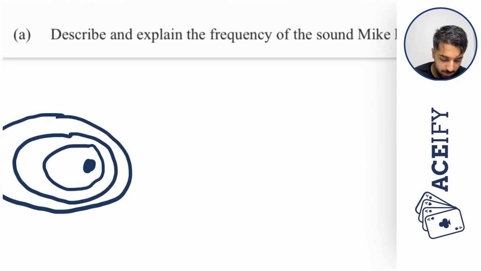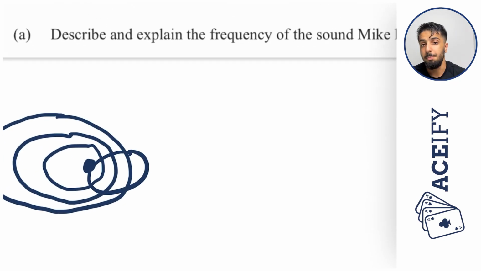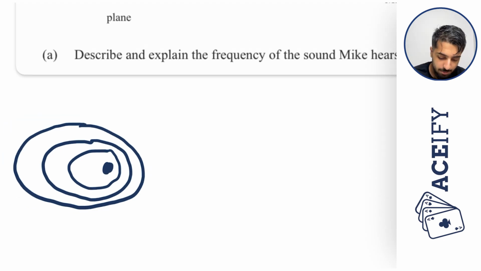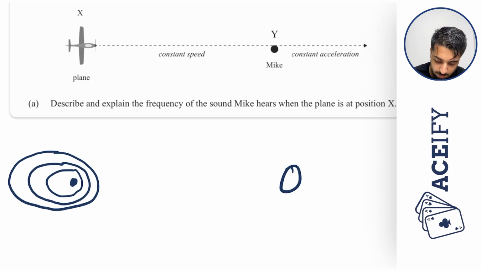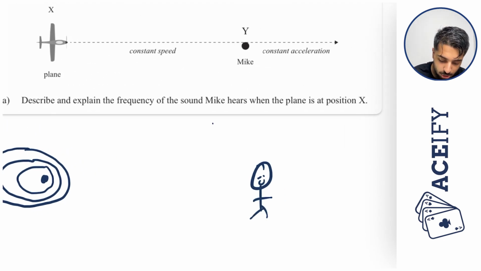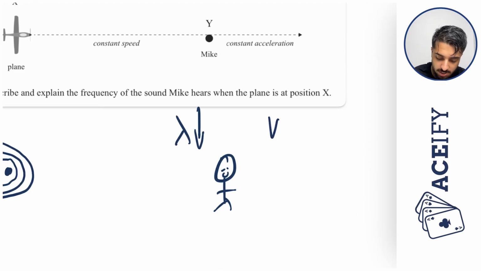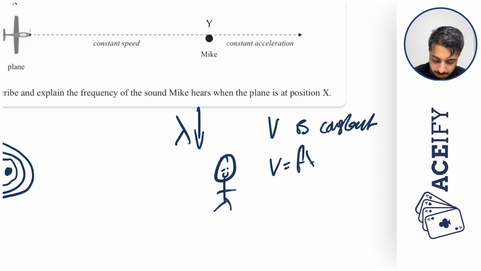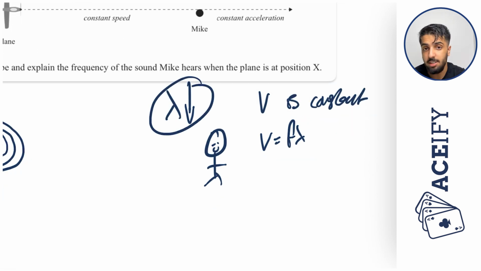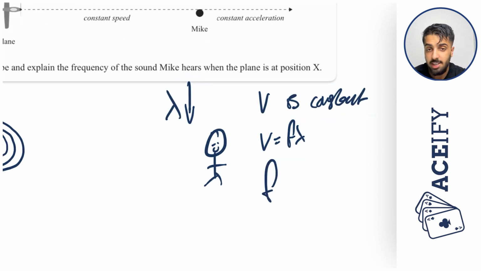As you can see, the wavefronts in front of the plane are bunched up because it catches up to its previously emitted wavefront. What this results in is Mike over here perceiving shorter wavelengths, right? And therefore, as the velocity of sound is constant, due to v = fλ, if Mike perceives a decrease in wavelength, the frequency that he observes is going to increase.